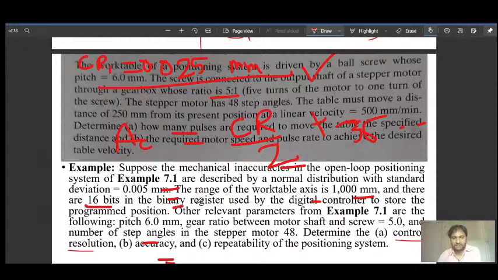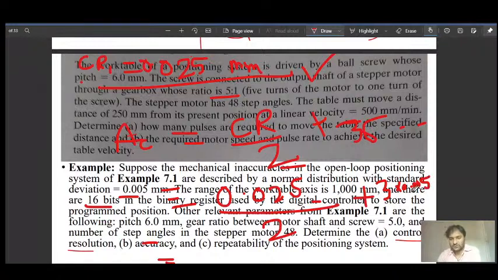So we have CR as 0.025 mm, divided by 2, again this is the control resolution in mm, and accuracy is also in mm. Then 3 sigma, we have the sigma value here, 0.005.